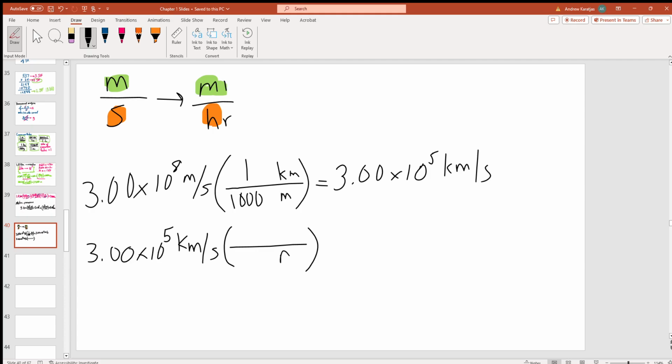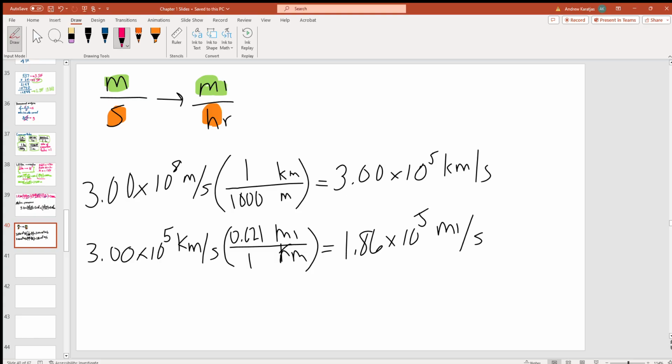So miles will go on top, kilometers on the bottom. 0.621 miles is 1 kilometer. So we get 1.86 times 10 to the 5th miles per second.